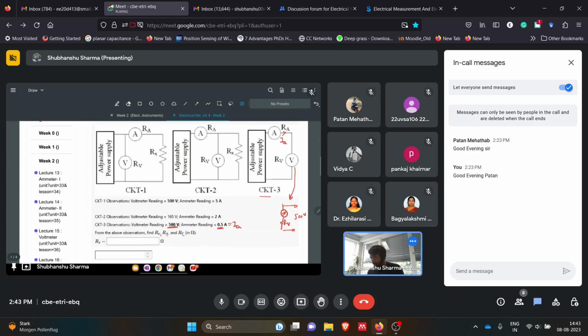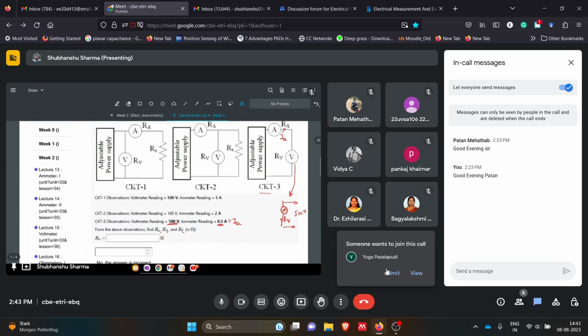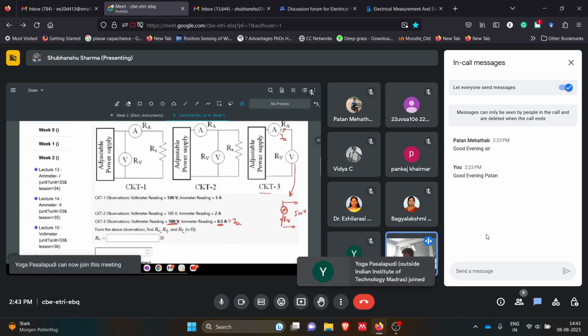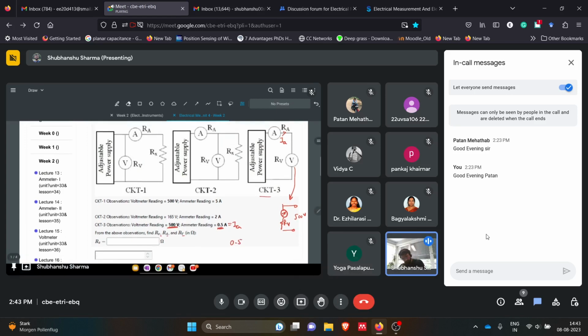So you have 0.5 amperes current flowing through this, and then you have two resistances. One is the ammeter resistance Ra, plus we have the voltmeter resistance Rv, which together equal the total voltage drop.